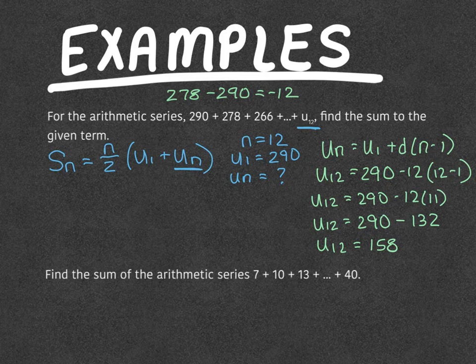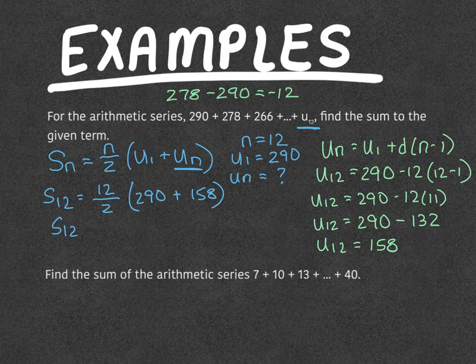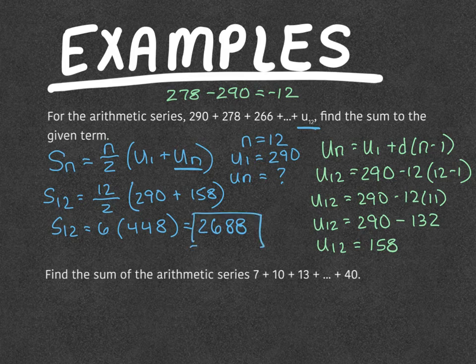So back over here, the sum of our 12 terms would be 12 over 2 times our first term plus our last term. So then we would have 6 times 448, which comes out to 2,688. So that would be our sum.